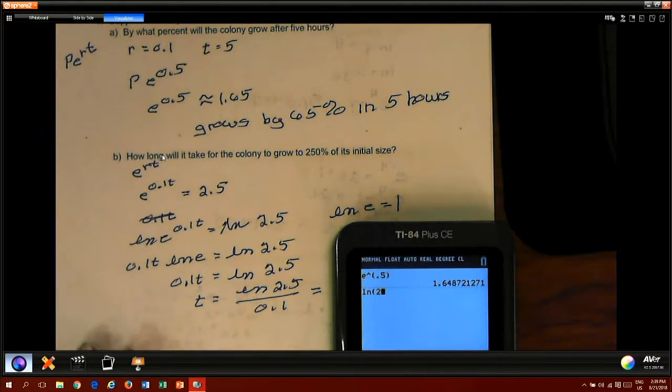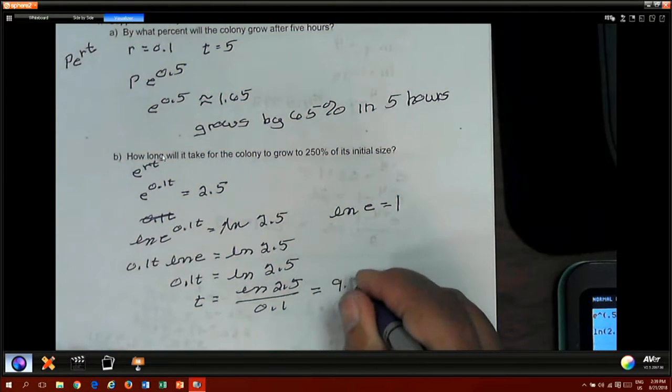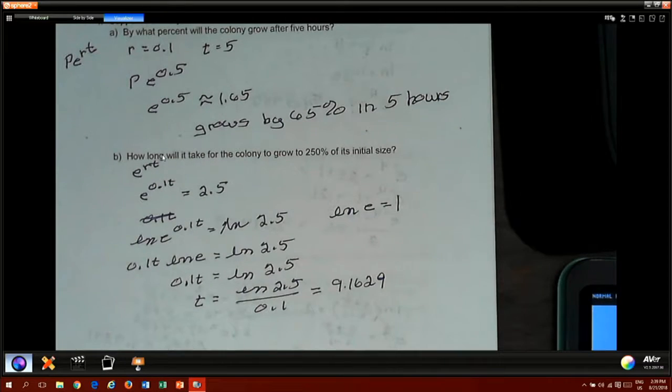So ln of 2.5 divided by 0.1 is 9.1629. So it will take a little over 9 hours for the colony to grow to be 250% of its initial size.